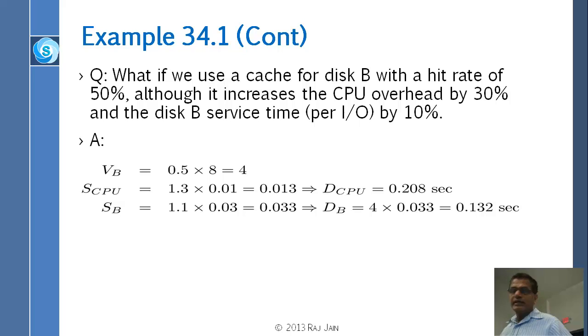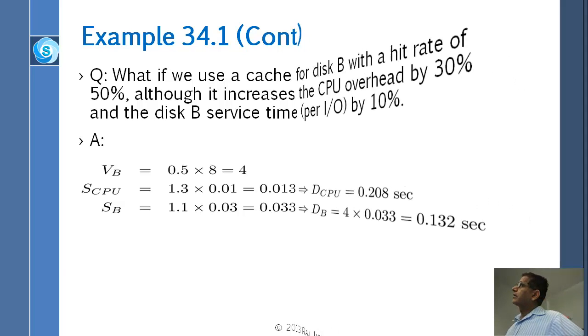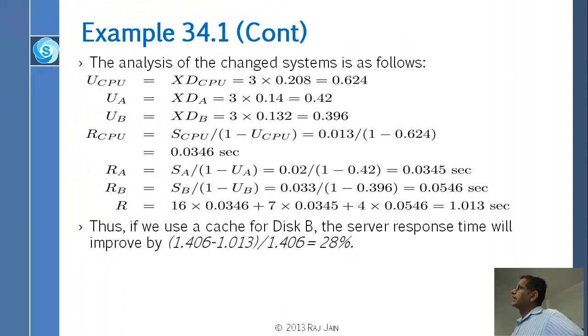So you can calculate SB again, and then you can calculate the new utilizations, and now you see that disk B is no longer the bottleneck. Now the bottleneck is what? Among these three, what is the bottleneck? CPU has become the bottleneck now, right? Anyway, with that, we can calculate the system response time and so on and so forth.